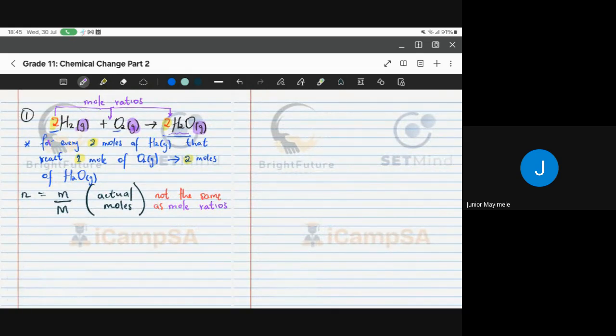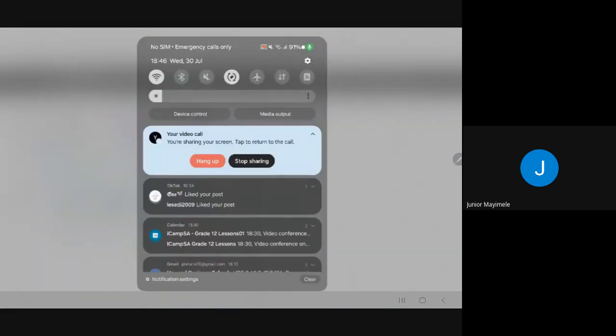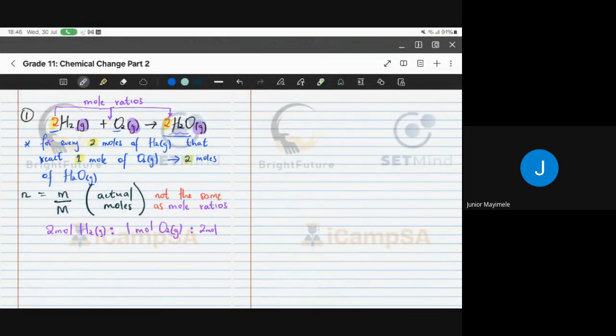What usually happens is if we have gases like this and they are given volumes, let's say we have, okay, so this means we have 2 moles of H2 is to 1 mole of O2 gas, right? Is to 2 moles H2O.